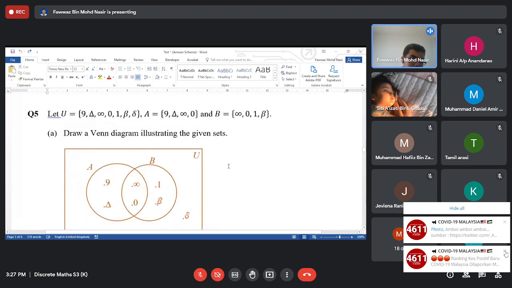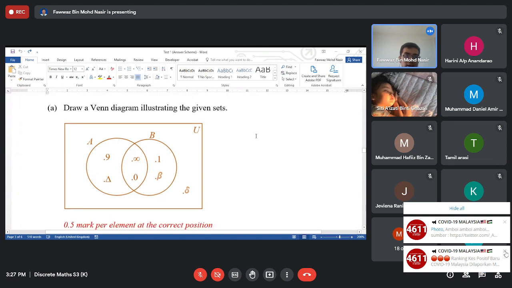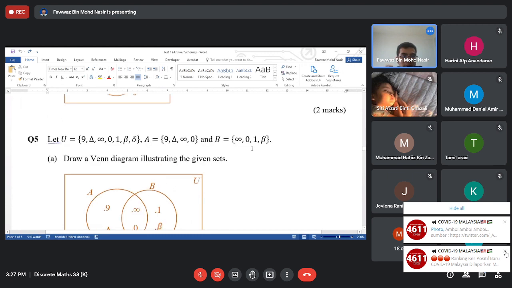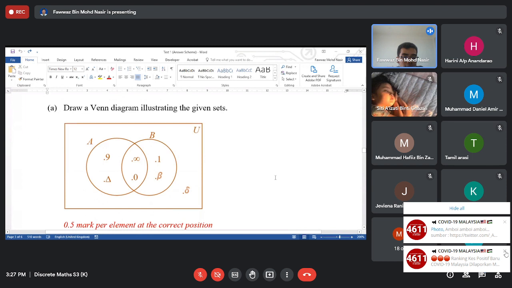Okay, then question 5, kita kata let the universal set be 9, delta, infinity, 0, 1, beta, gamma. A equals to 9, delta, infinity, 0 and B equals to infinity, 0, 1 and beta. Okay, kemudian dia suruh draw the Venn diagram illustrating the given sets. So you can draw the Venn diagram, then place the elements appropriately into the sets.